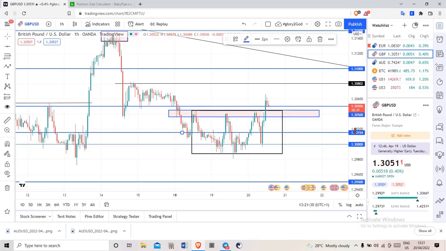What whole number is closest to this? If you want to round up this number, 1.3100 is far away. So your closest round number is 1.3050, which is a psychological level.